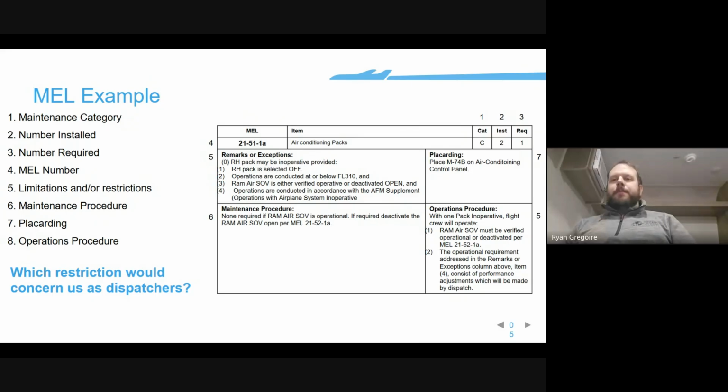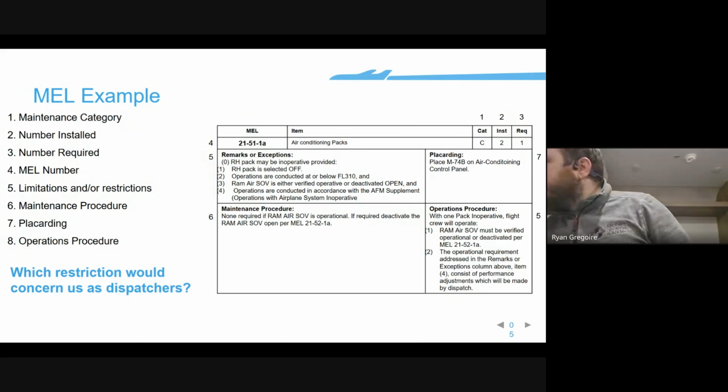Correct. And the MELs will be attached, or they will be part of the dispatch release. So they will see all of the MELs that are on the aircraft, and then they can refer to those specific MELs so that they can see the restrictions and their operational procedures. They'll also usually be placarded, meaning there'll be a sticker in the aircraft if a system is on MEL.